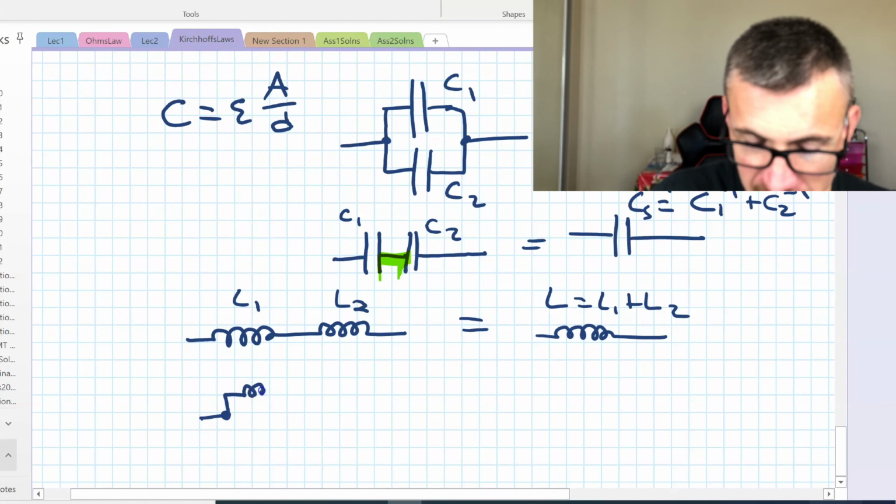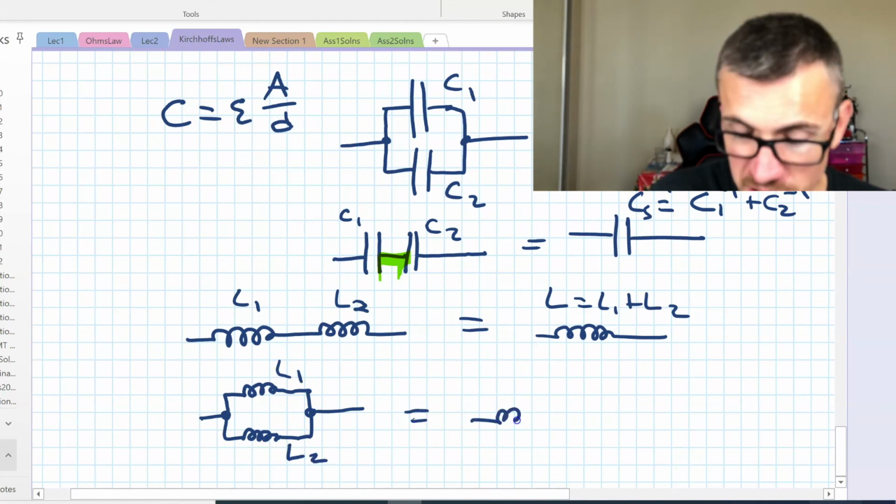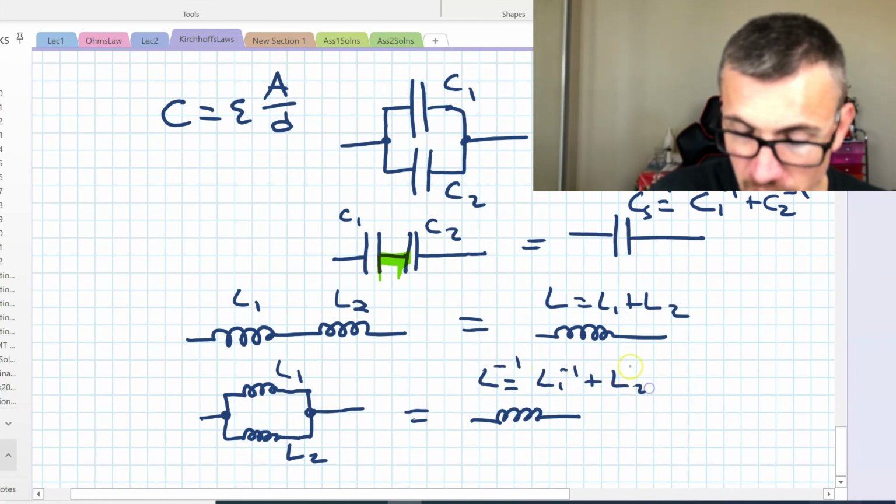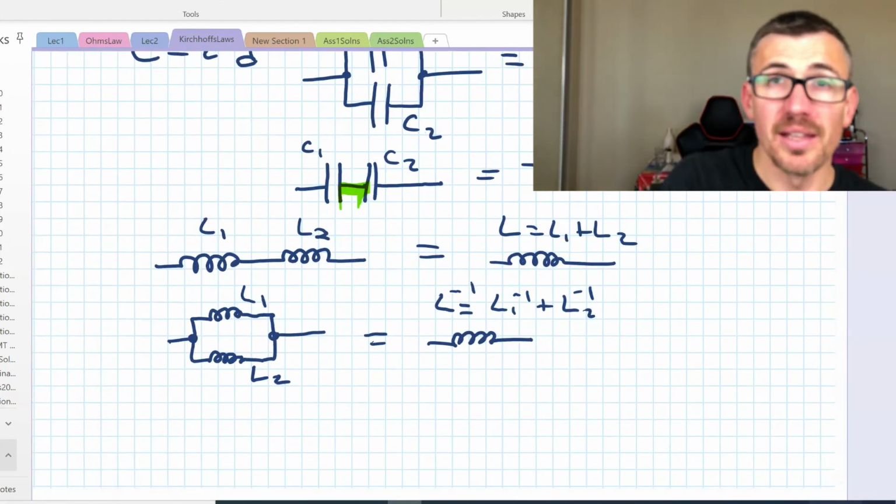And finally, a parallel combination of inductors is equivalent to a smaller inductance, like parallel resistors.